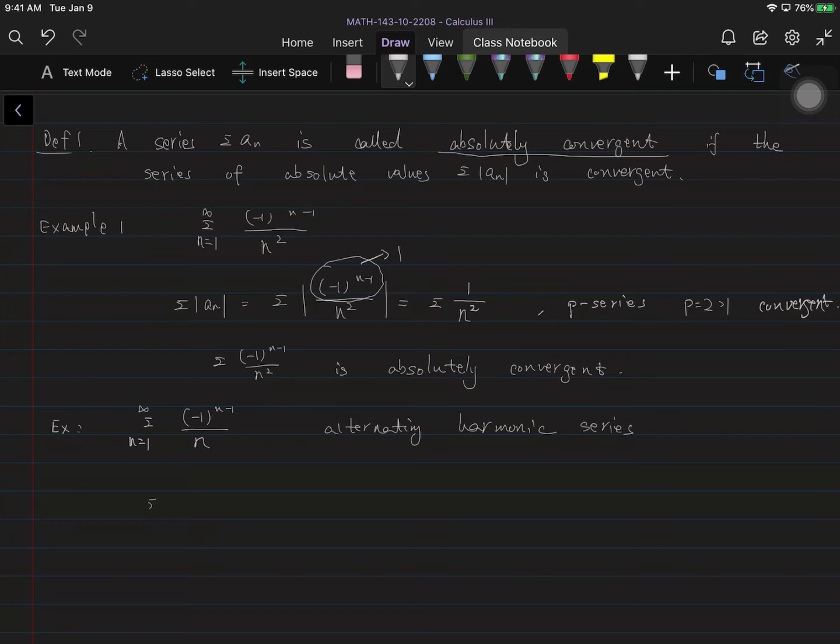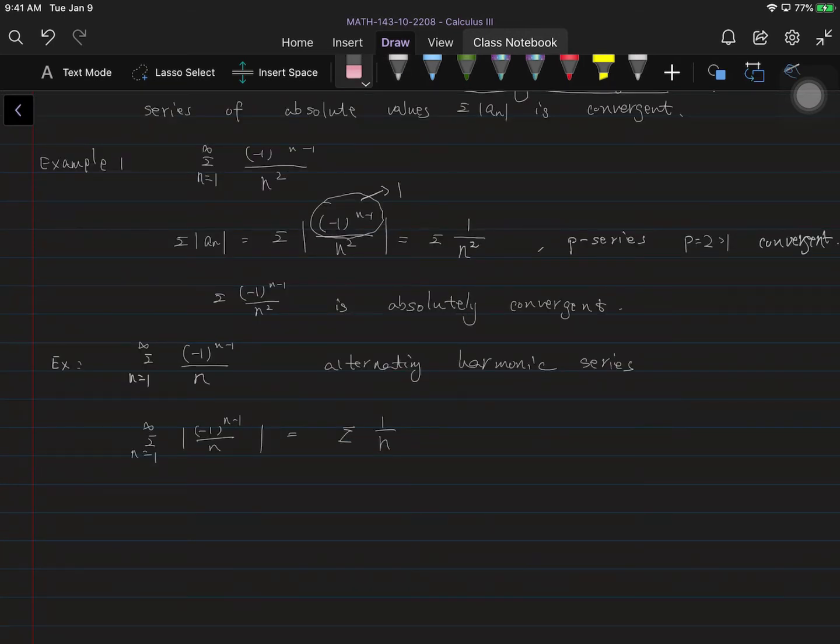But let's take a look at the absolute value of this. Same thing. When we take the absolute value, the negative 1 to the n minus 1 goes away, so it's just 1 over n. And this becomes the harmonic series. We know the harmonic series diverges.